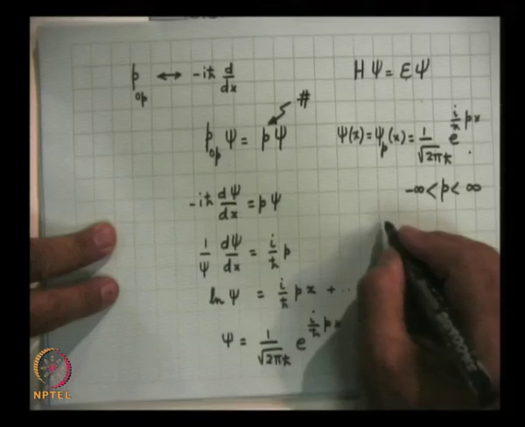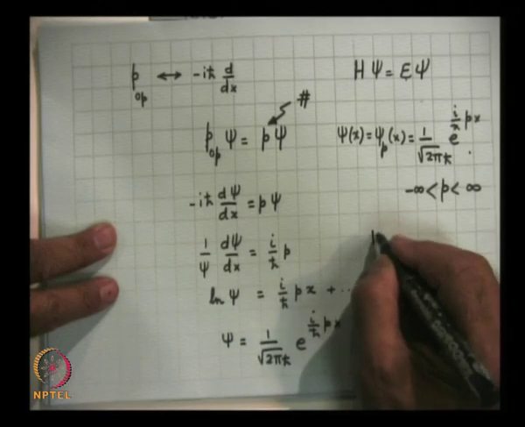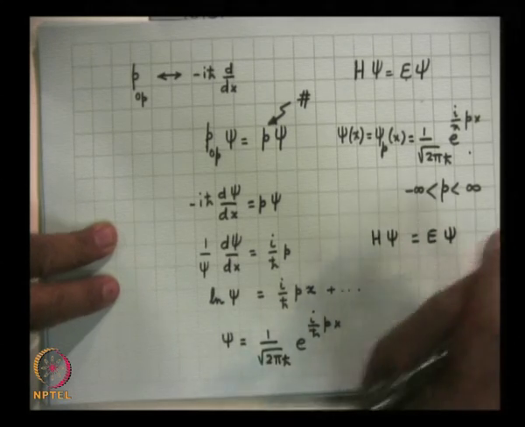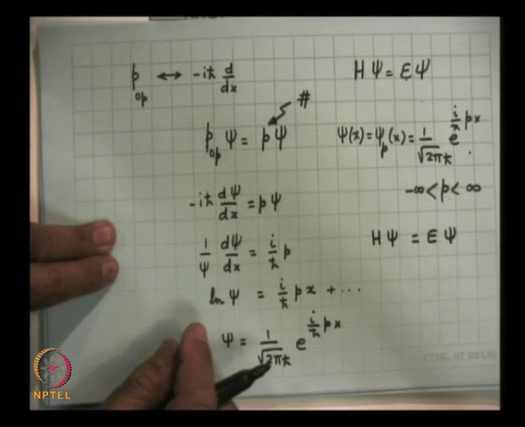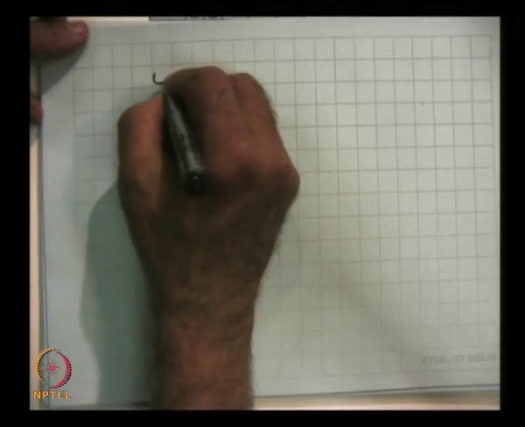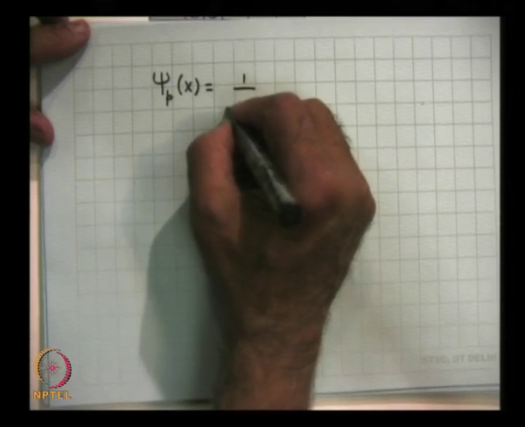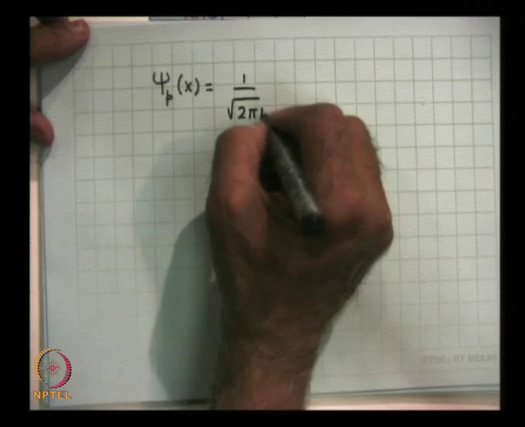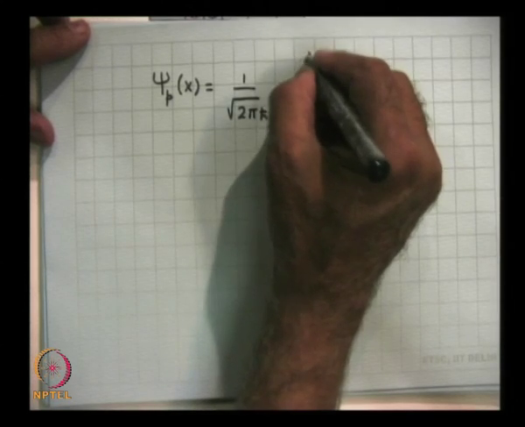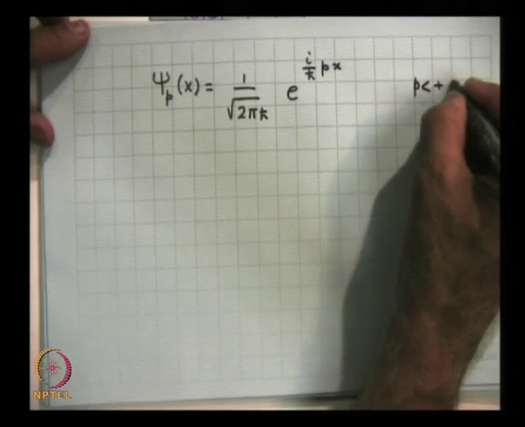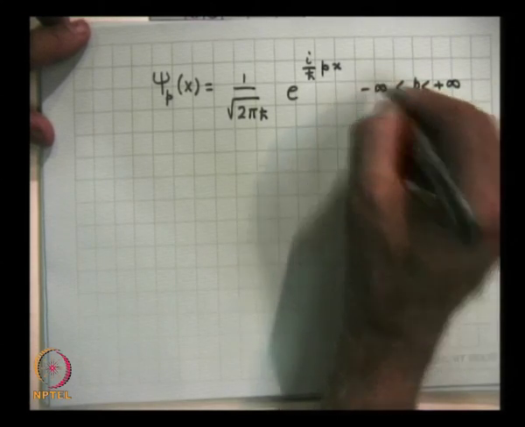Actually, these are simultaneous eigenfunctions not only of the momentum operator, but also of H psi is equal to E psi for the free particle. So therefore, we say that psi p of x is equal to 1 over root 2 pi h cross e to the power of i by h cross p x, p going from minus infinity to plus infinity.